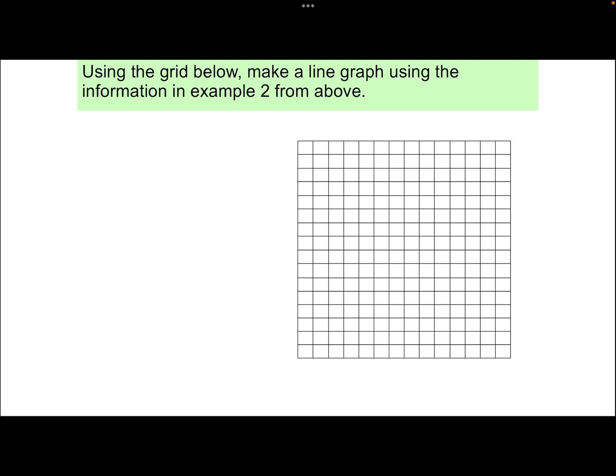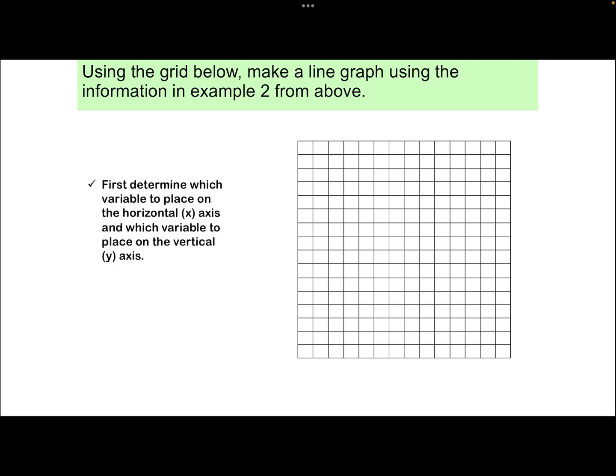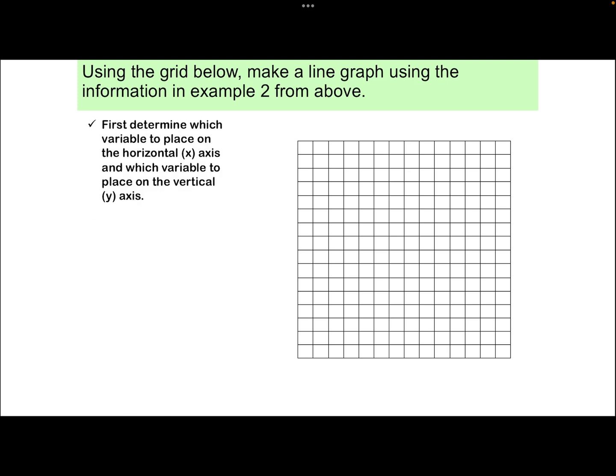Using the grid in your notes, make a line graph using the information in example 2. Again, determine which variable goes on the horizontal axis and which variable goes on the vertical axis. Make sure to label each axis appropriately.